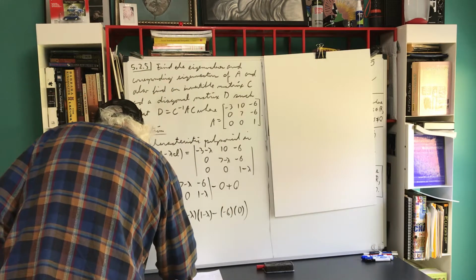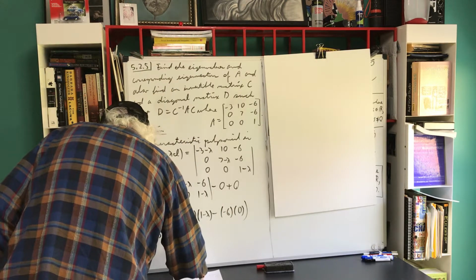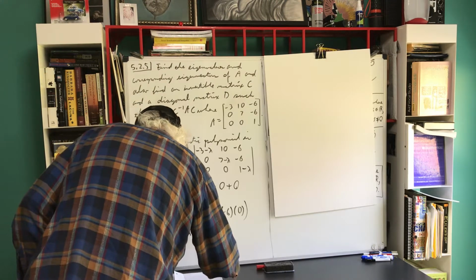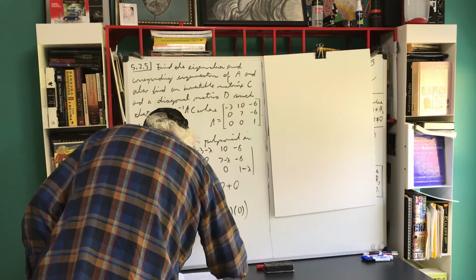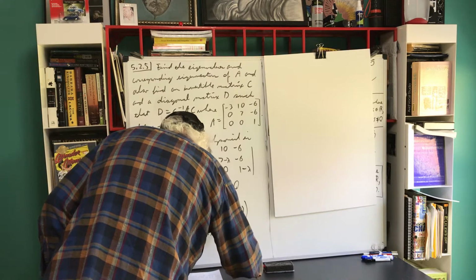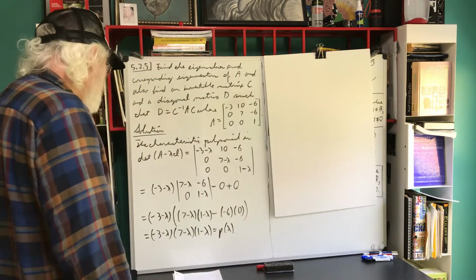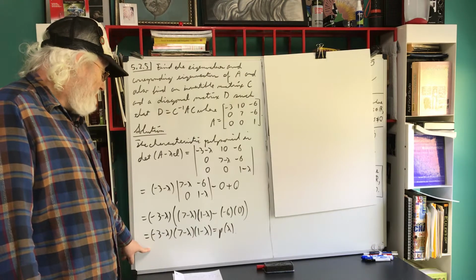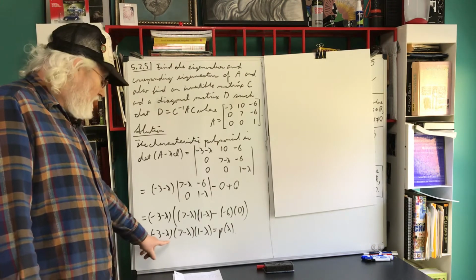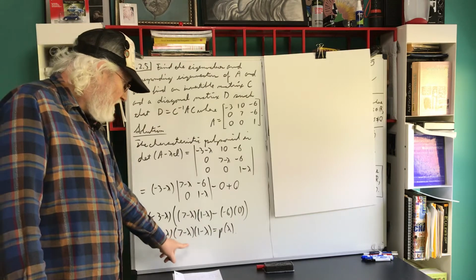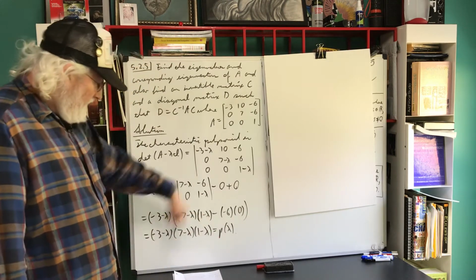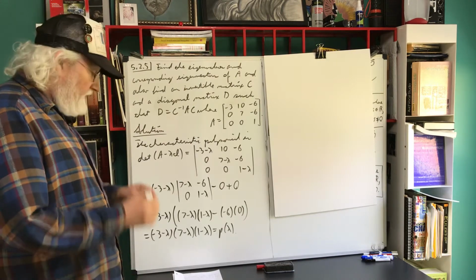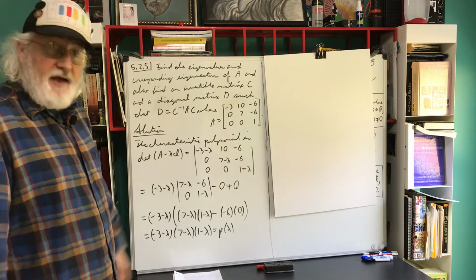And so we get negative 3 minus lambda times 7 minus lambda times 1 minus lambda, and there's your characteristic polynomial P of lambda. So we'll set that equal to 0 to find the eigenvalues, and they will be negative 3, 7, and 1. We'll list them in increasing order. And then we'll have to go through and find corresponding eigenvectors.